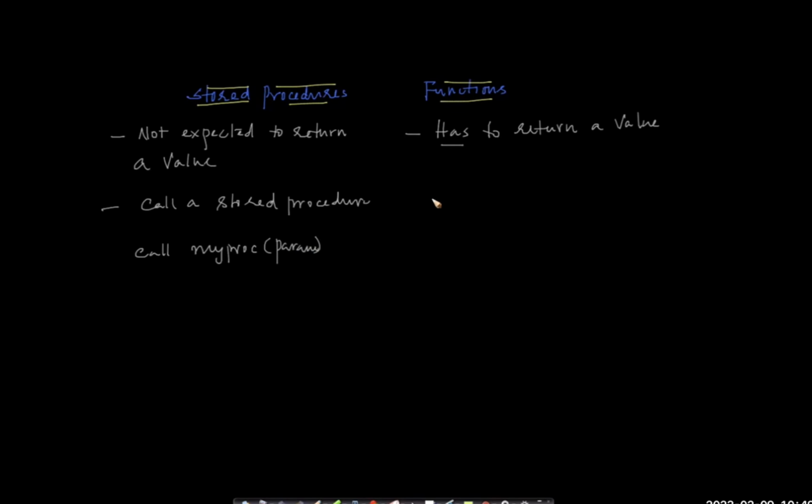But when you call a function, it is not called standalone. It can be called as part of a select, an update, or a delete, as part of a command.